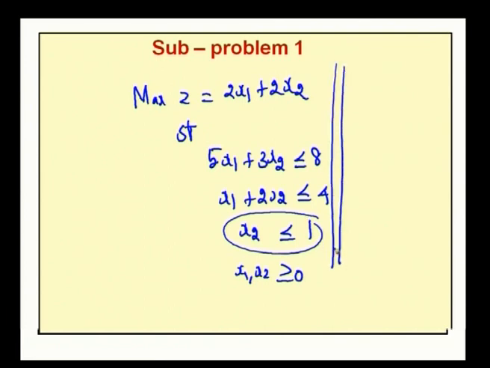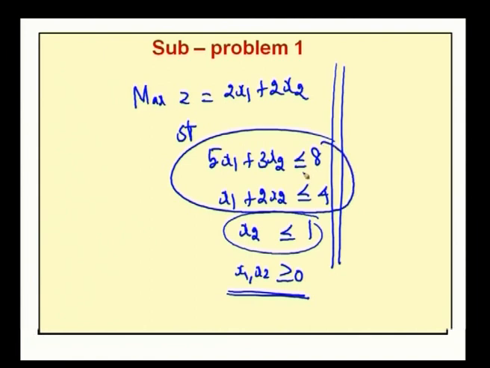Now, in order to get the optimal integer solution, we have to solve this sub problem. Sub problem 1 involves 2 decision variables, x1 and x2. To obtain the optimal solution, we can use either the simplex algorithm or the graphical method. Since it involves only 2 decision variables, we use the graphical method.